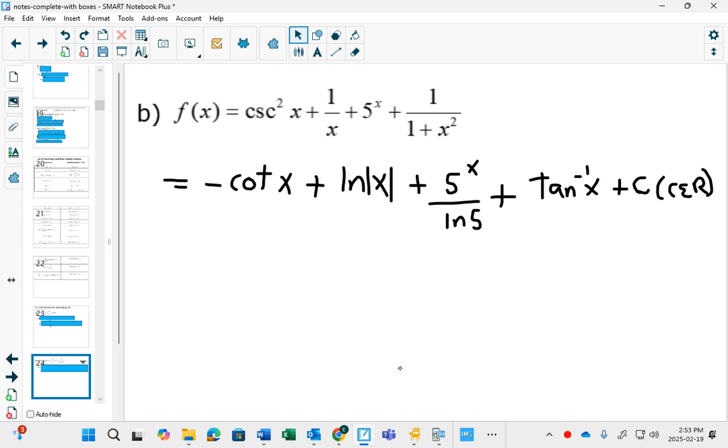Check that you remember the absolute value bars around the natural log. The last one.